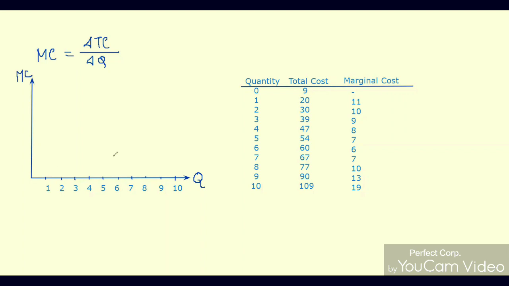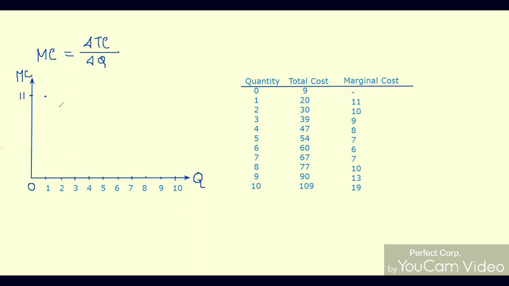At the 0th unit, we cannot define the marginal cost, so the curve will not start from the 0th unit, but from the first unit, which is 11.